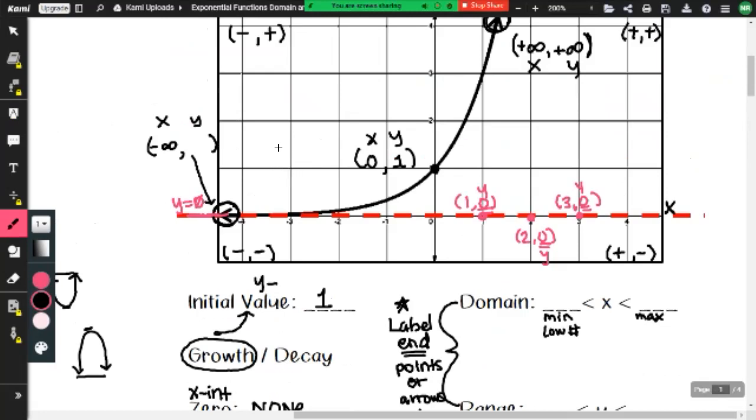Negative infinity, 0, or infinity? Negative infinity. Anytime you have an infinity, go ahead and underline that. What is my maximum, my highest x value? Negative infinity, 0, or positive infinity? Correct, positive infinity.